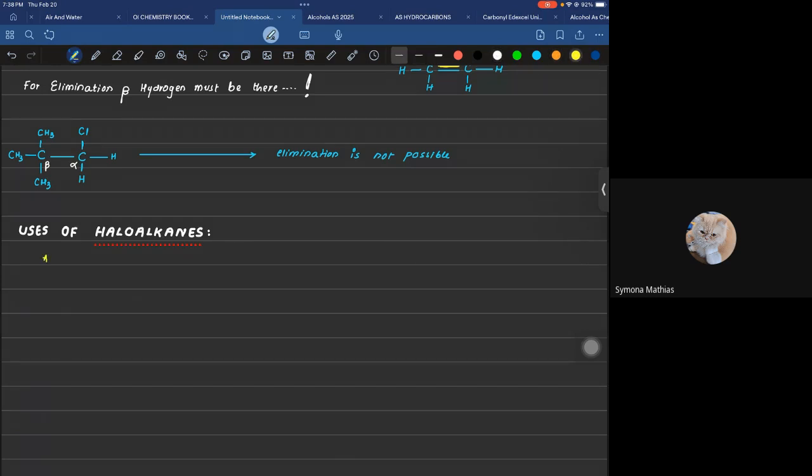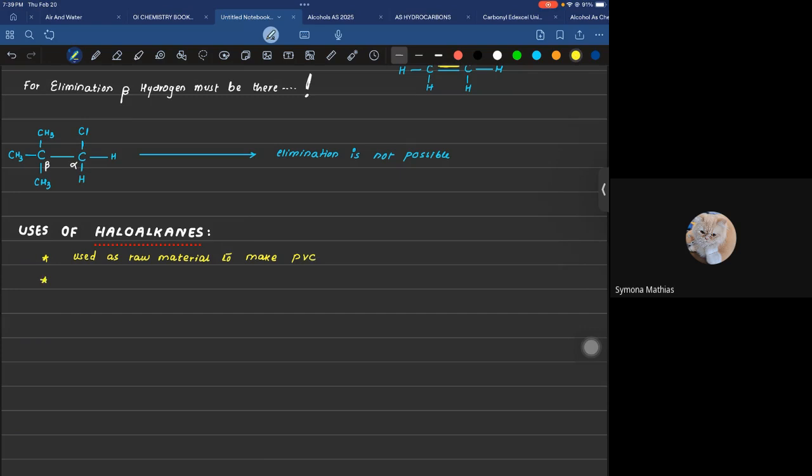Number one, मैं कह सकता हूँ कि use as raw material to make PVC, polyvinyl chloride. That is a polymer.